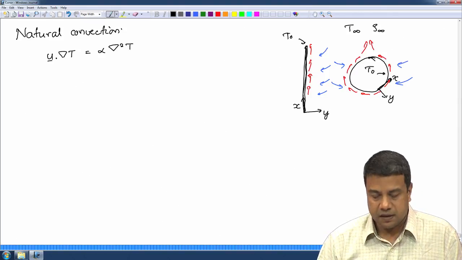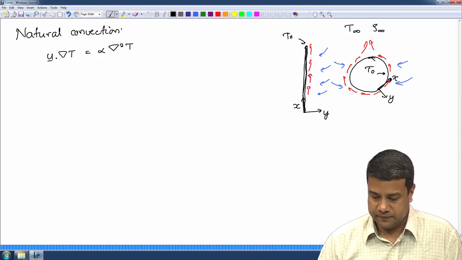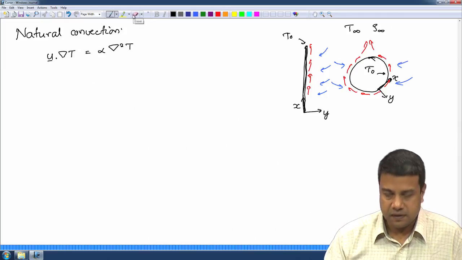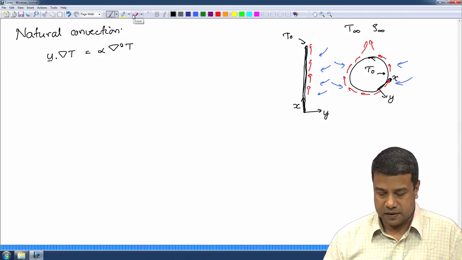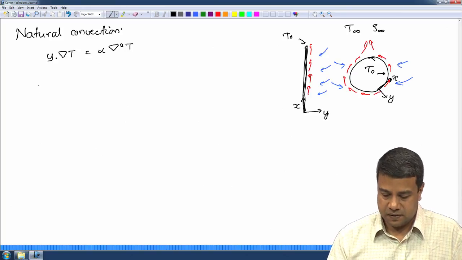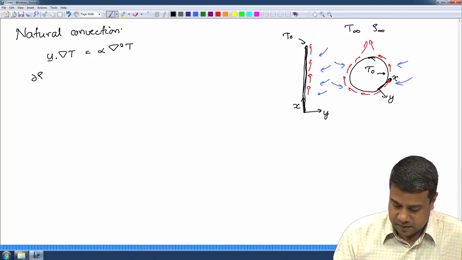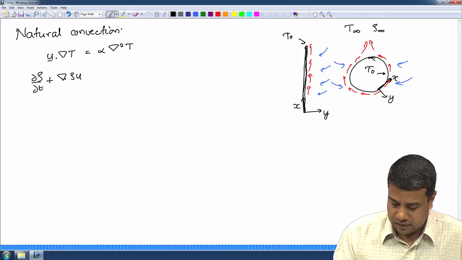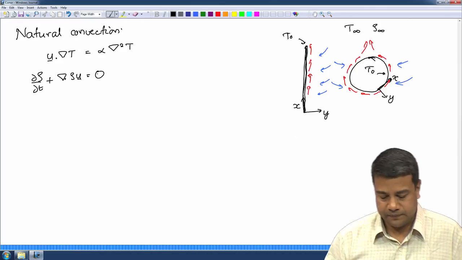So, that is the energy conservation equation, and then I have the mass and momentum conservation equations. The mass conservation equation, as you recall, was partial rho by partial t plus del dot rho u is equal to 0.